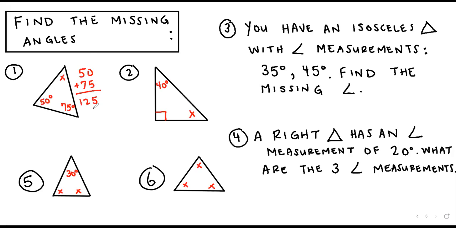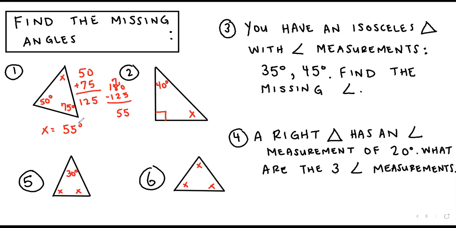And then all you have to do after that is subtract: 180, because all triangles equal 180, minus the measurement of the two angles you know. And that will give us 55. So X, the missing measurement, will be 55 degrees.